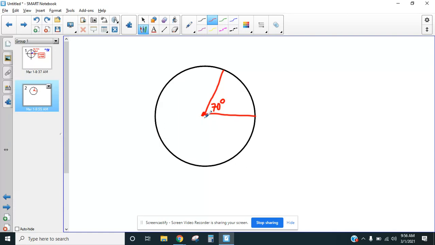I can get a protractor out, and I can say, hey, that's about 70 degrees, from the central location. A different way to measure an angle is by using radians. Radians don't measure using degrees, or from the viewpoint of the center. Radians are kind of odd.